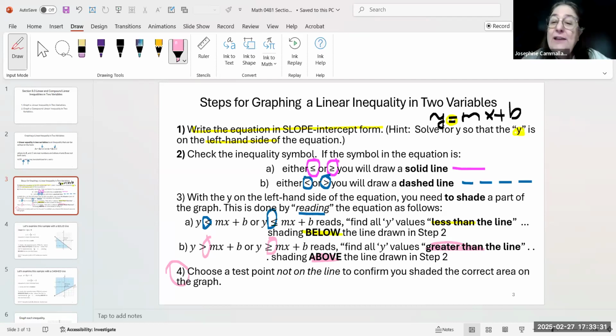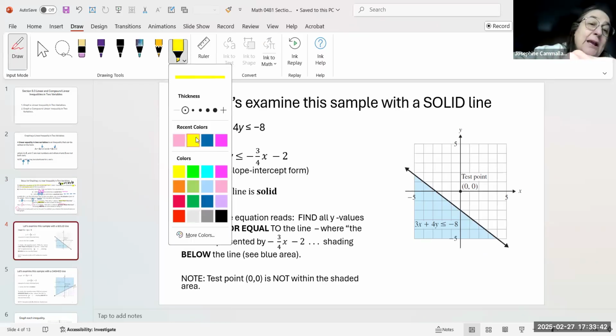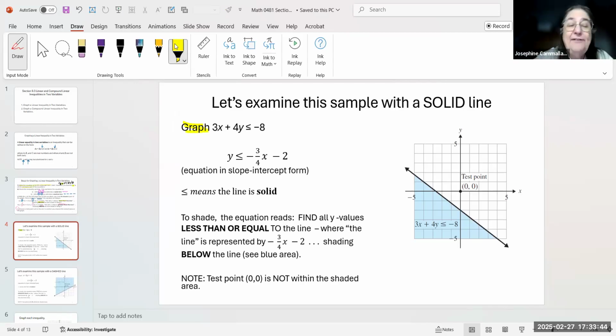Now, I'm going to give you 2 examples on how to interpret these 4 steps. Now, first off, you're going to be given an equation. Okay, it says graph 3x plus 4y is less than or equal to -8. Well, our step number 1 is that we have to put this equation in slope-intercept form.